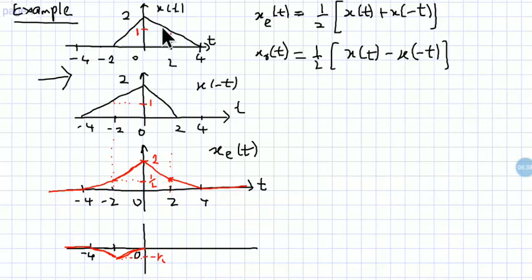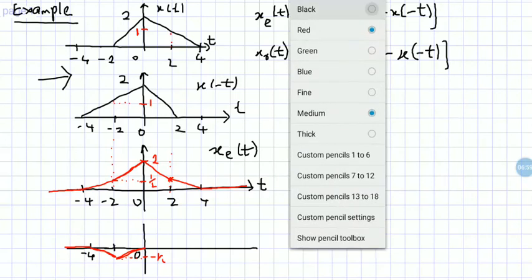Then from t equal to 0 until t equal to 2, this value is decreasing and this is decreasing. At this point it is 1 minus 0 divided by 2, so you have positive half.